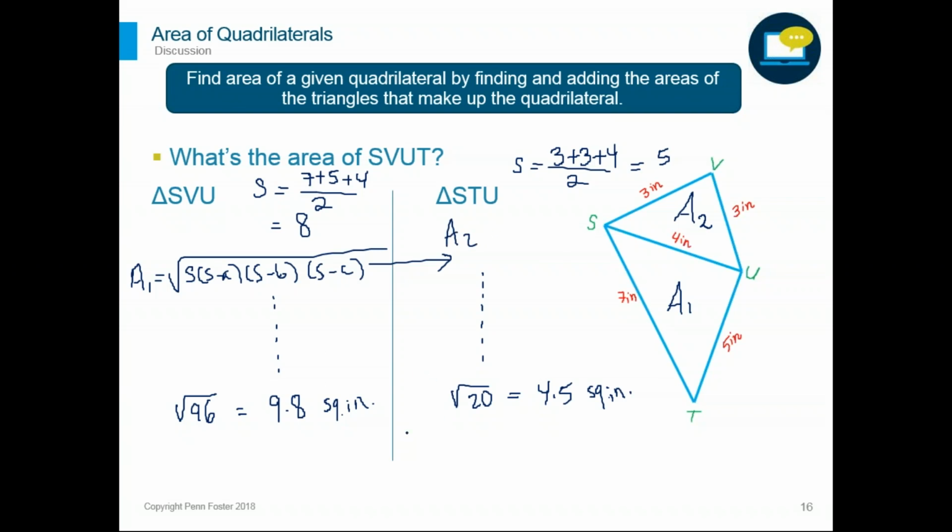This is not our final answer. We still have to add the areas. So A equals A1 plus A2. Add the two values, and that will give you the area of the quadrilateral. So 14.5 should be your final answer for the area. Questions on this slide?